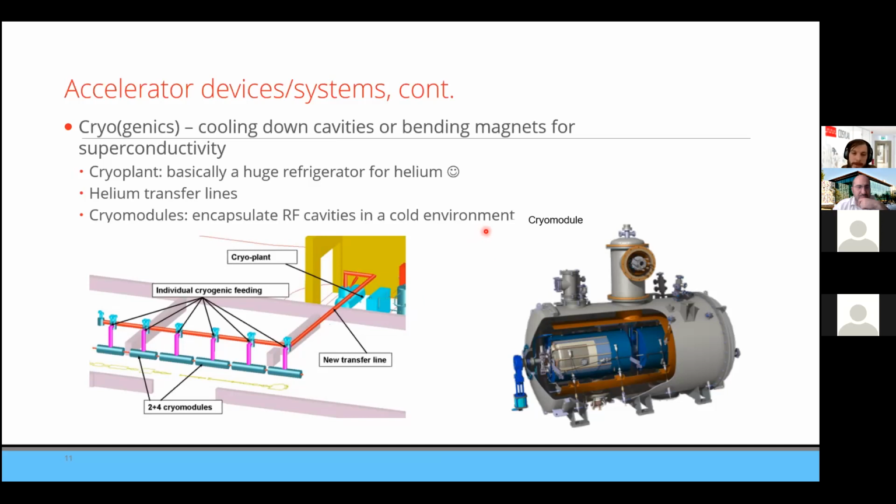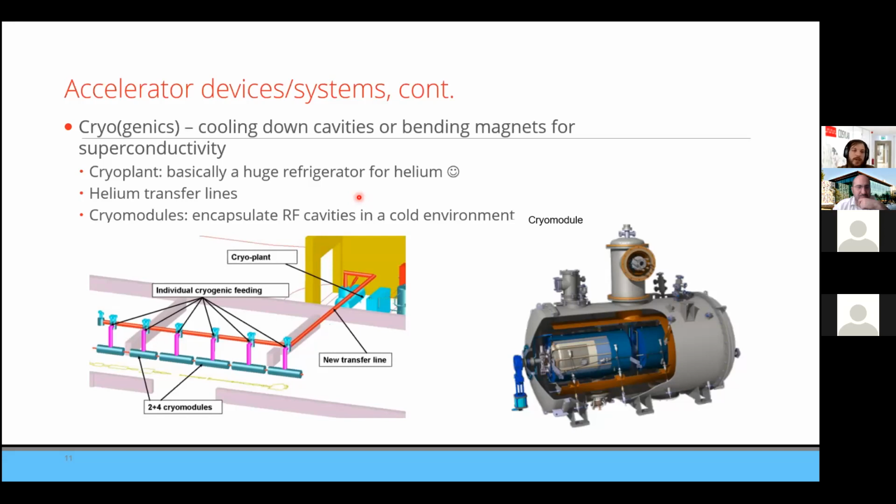and then with helium you can cool down the magnets in the case of synchrotrons, but in the case of linacs you have to cool down the RF cavities, because in a linac you need RF cavities to be superconductive, because you need a big electromagnetic gradient to accelerate the particles.